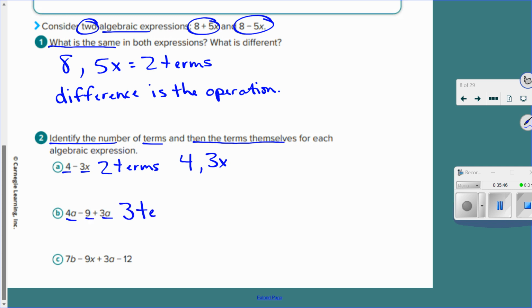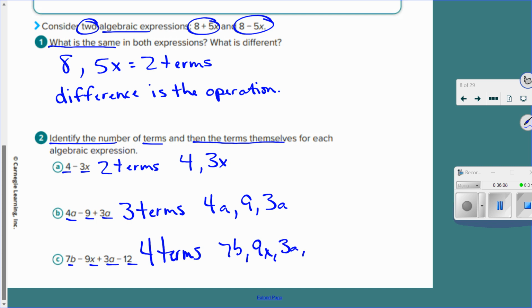But as it's written, the 3 terms are 4a, 9, and 3a. And then in our last one, we end up with 4 terms. We have 7b, 9x, 3a, and 12.